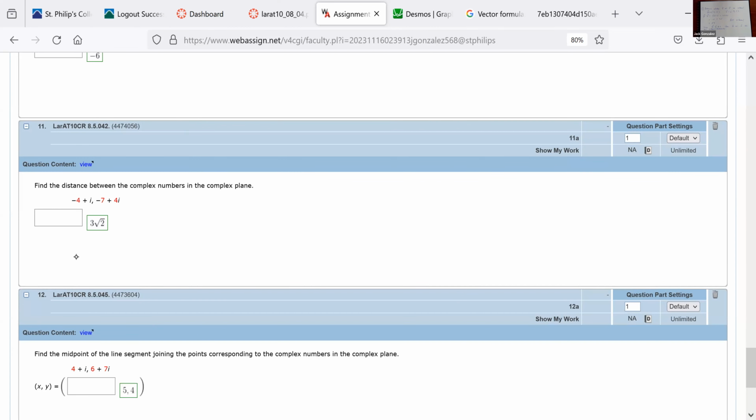We'll find the distance between. It's going to be the same distance formula. Let's look it up real quick.